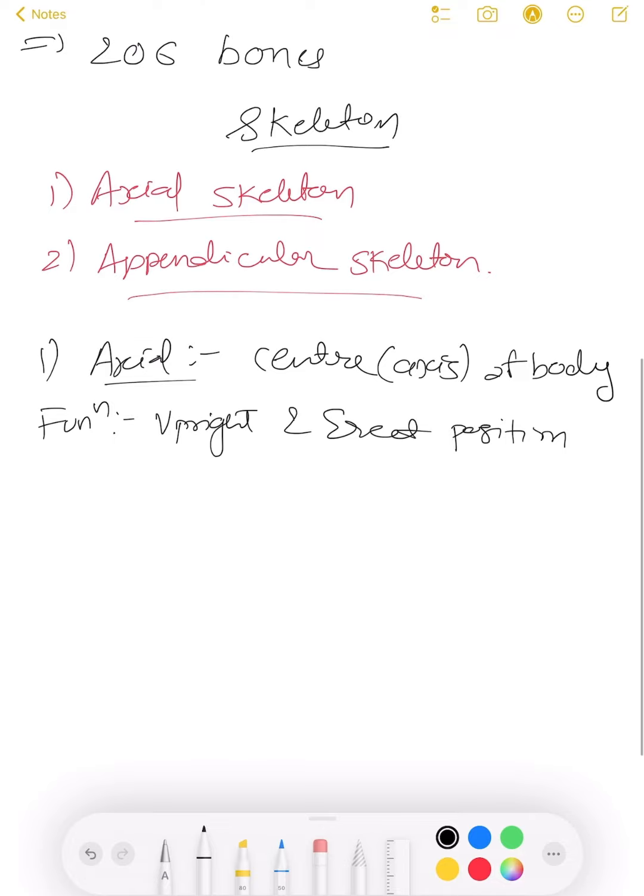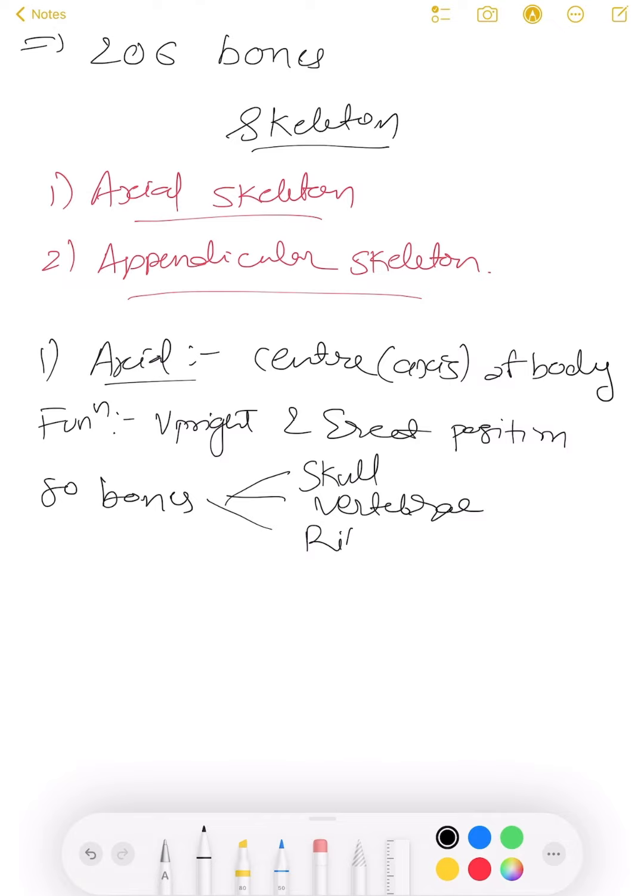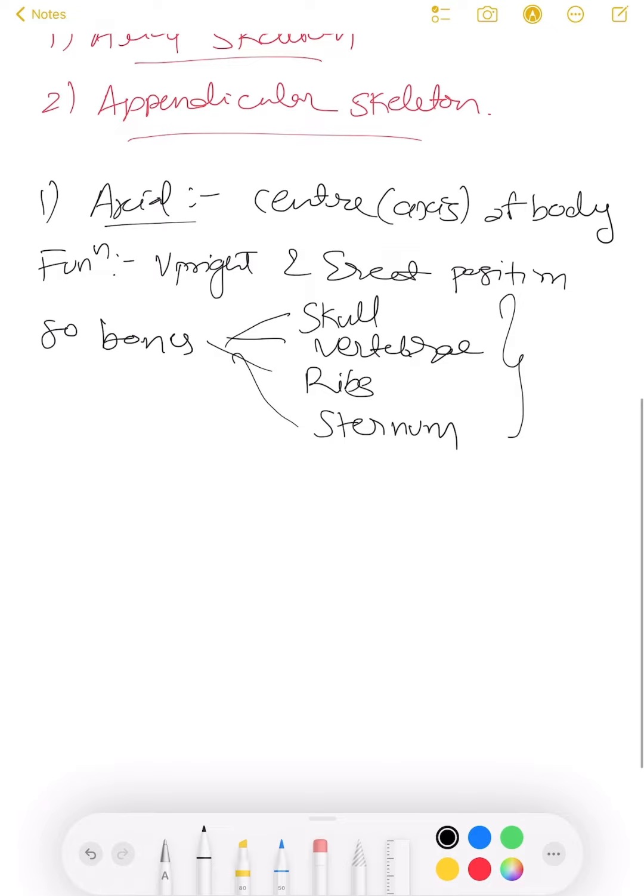Now, the axial skeleton comprises 80 bones, and those 80 bones are of what? One is the skull, one is the vertebrae, ribs, sternum. Bones of these various parts comprise the 80 bones.